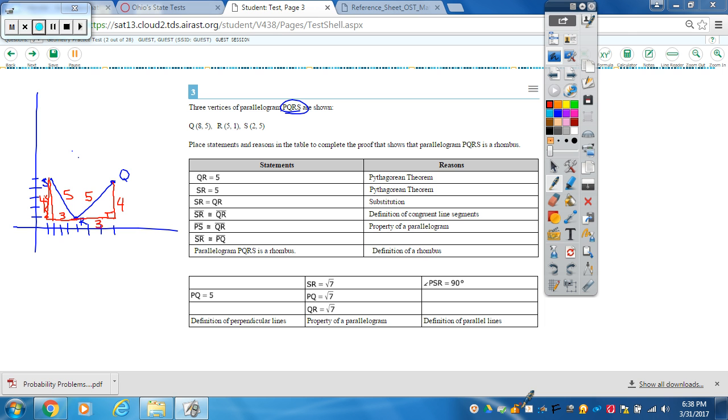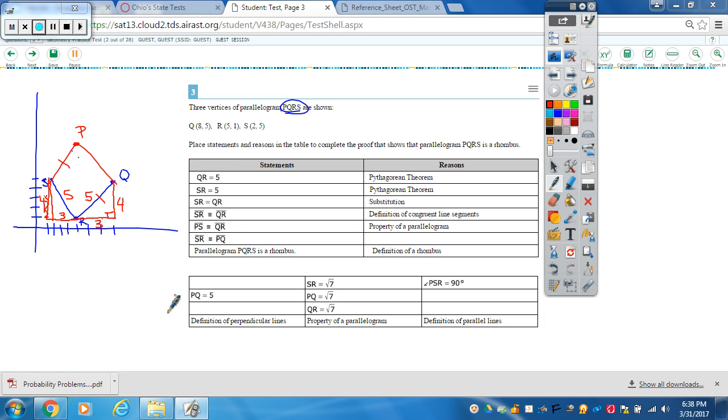If I put point P up in here, like it's supposed to be, what we've already said in our statement up here was that PS is congruent to QR, by the property of parallelograms.